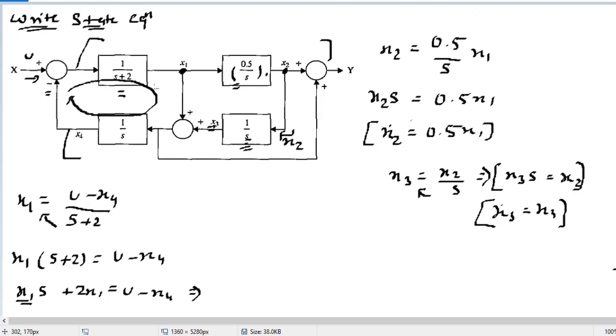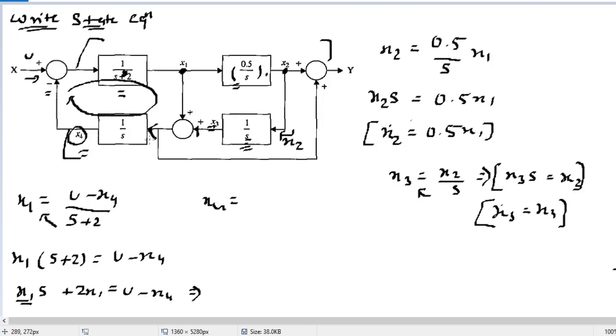And at last we have to calculate x4. So what will be the x4 expression? We have to observe first what block x4 has.